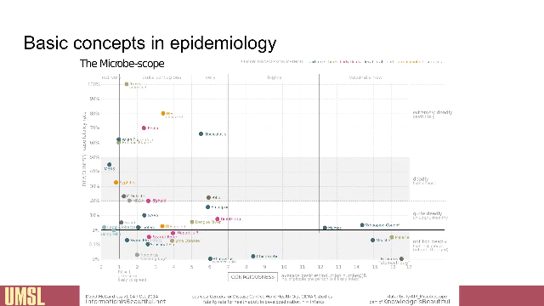So anyway, I think this is one of the really exciting plots to actually sit and look at when you're starting to think about why do we care about certain diseases and why do we develop vaccines for certain things and not others, right? In part, it has to do with how rapidly this is going to spread through a population and how quickly it is going to kill people, right?